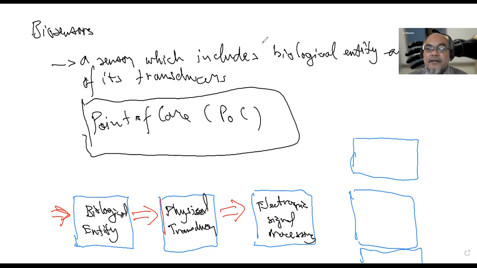So display, record on memory, or transmit in telemedicine, for example.